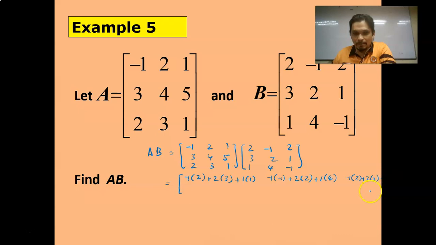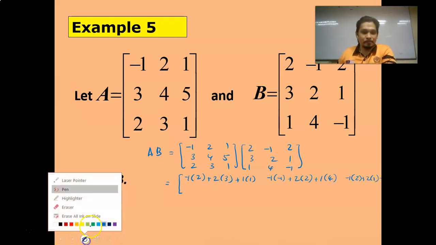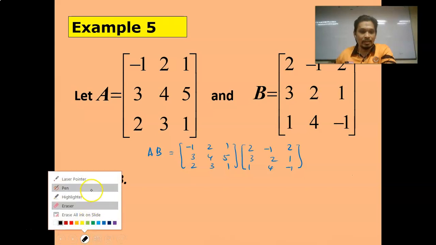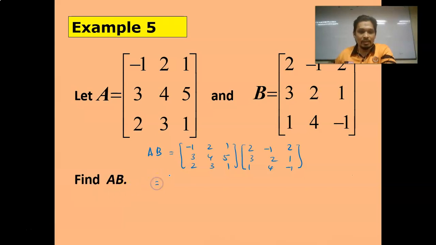Okay, I can't see it. I'll make some changes here, sorry. Okay, I rewrite everything. First one here, negative 1 multiplied with 2 plus 2 times 3 plus 1 and 1.